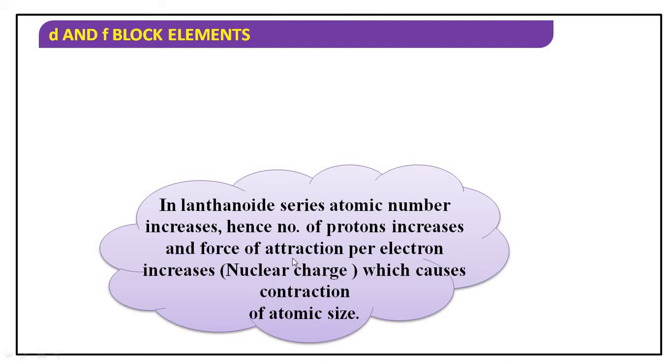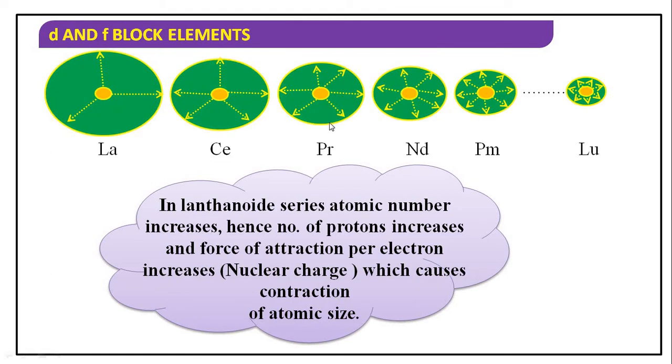When nuclear charge increases, the force of attraction between nucleus and the electron will increase. This will result in contraction of atomic size. So here you can see there is a steady decrease in atomic size due to increase in effective nuclear charge from lanthanum to lutetium.